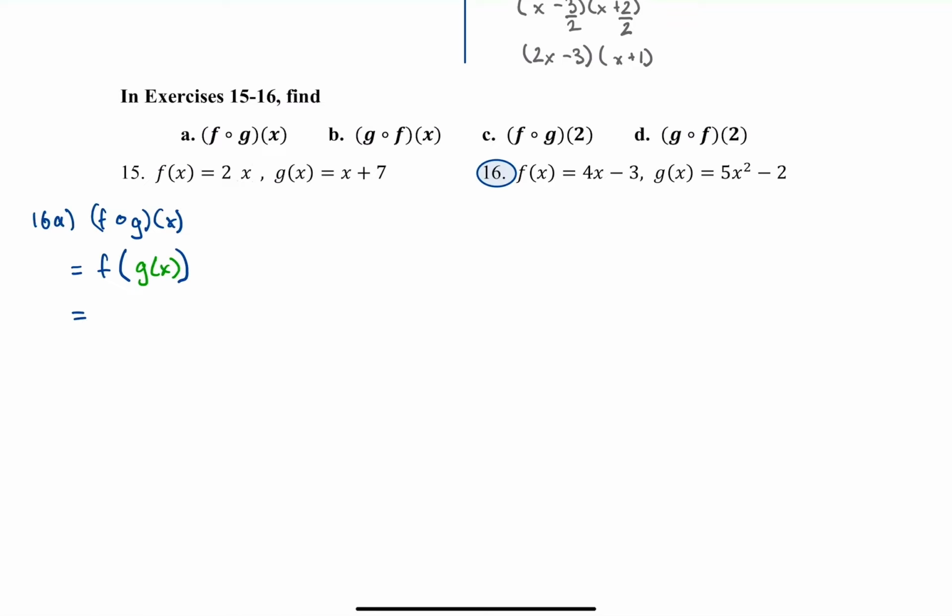So I'm going to write f, which is 4 times x minus 3, but I'm going to replace the x with a parentheses to which I will plug in g, which is the 5x squared minus 2. Distribute the 4 to simplify, so this is 20x squared minus 8 minus 3, or 20x squared minus 11.